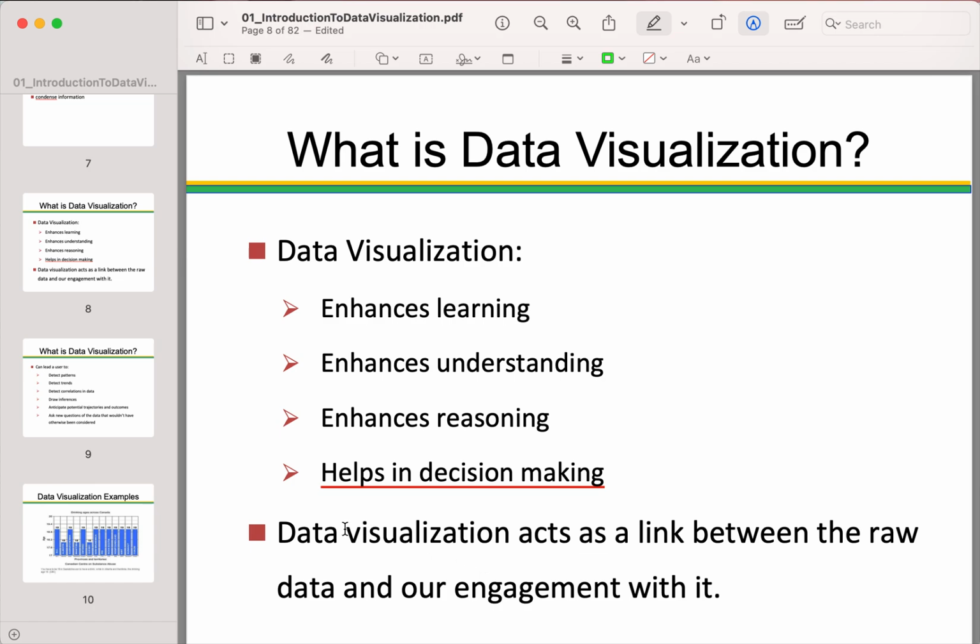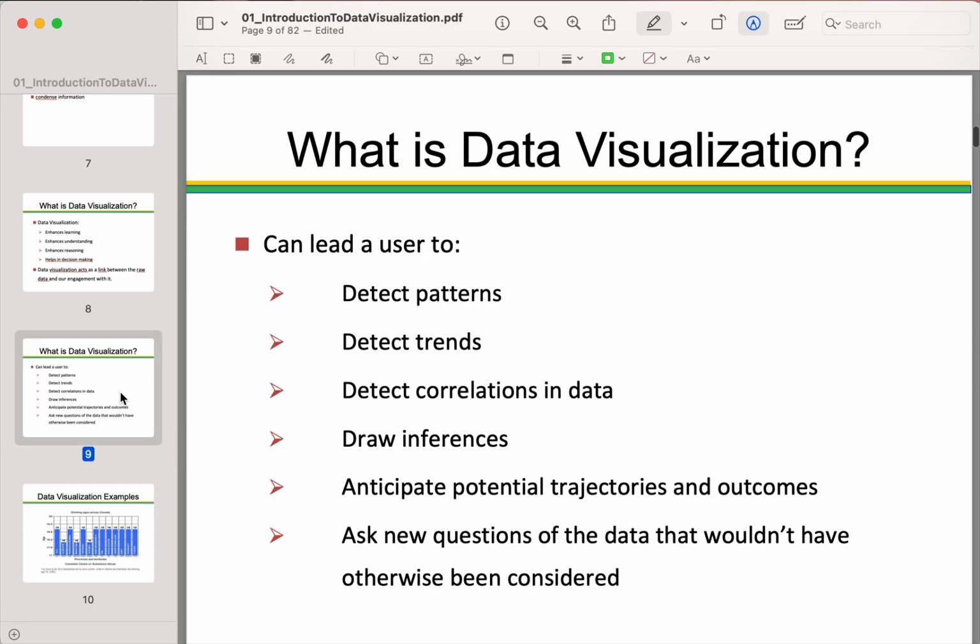So the data visualization can act as a link between the raw data and our understanding or analysis of the raw data. It might help the user to detect patterns and trends, as we have created those clusters earlier.